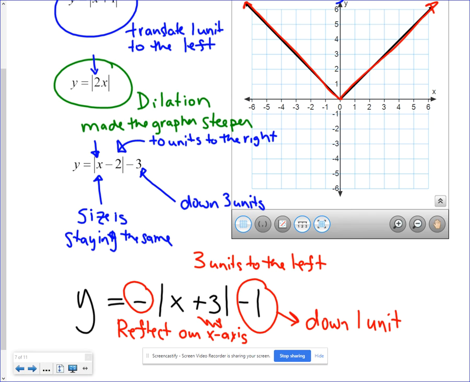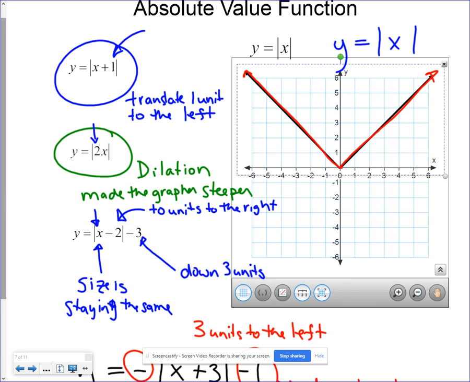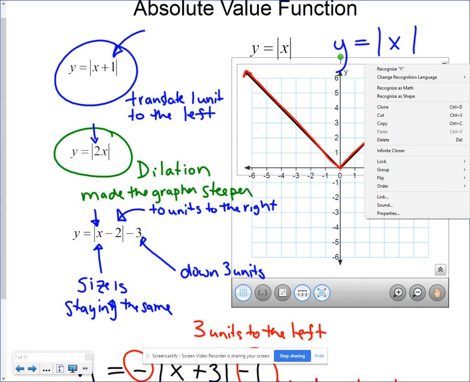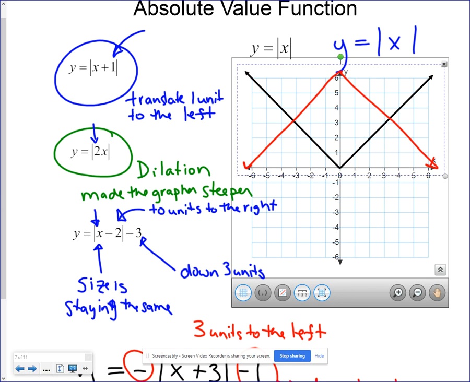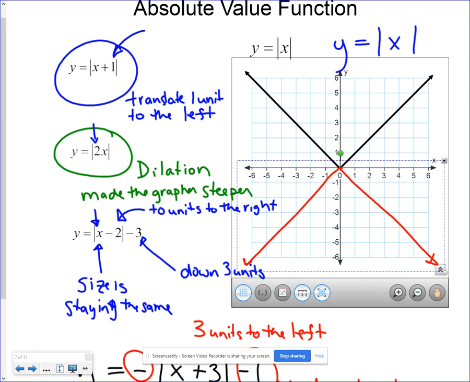All right, so let's do the reflection first. Let's take this graph for this line and reflect it. It's like a flip. So let's flip this. It would look like this. If I took the black line and reflected it over the x-axis, it would look like that.